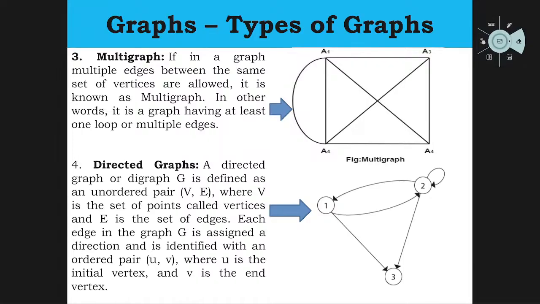It is a multigraph because two vertices, A1 and A4, have more than one edge.